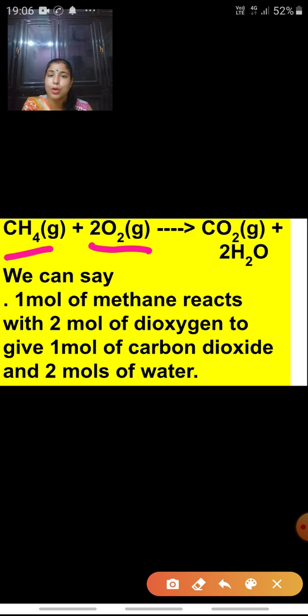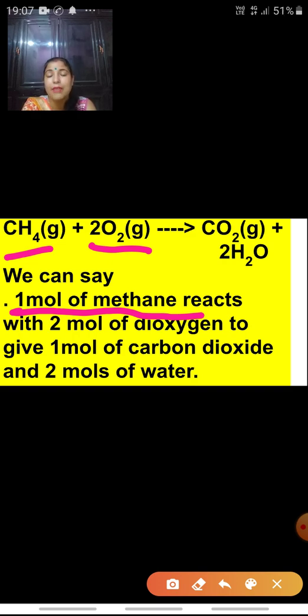Here oxygen is a molecule, so we'll say gram molecular mass. So instead of saying 1 mole of methane, what else can I use here? I can say how many grams of methane. What is the molecular mass of methane?